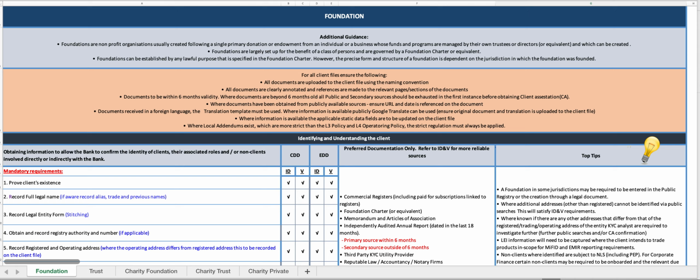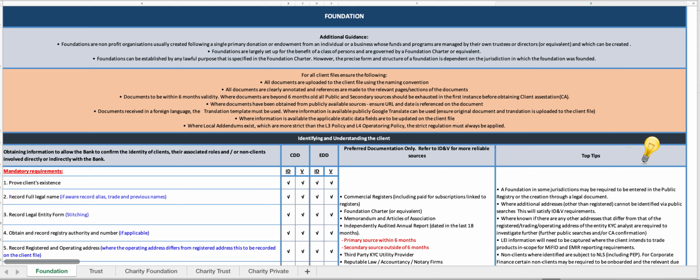Foundations are largely set up for the benefit of a class or person and are governed by a foundation charter or equivalent. Also, a foundation can be established for a lawful purpose that is specified in the foundation charter. However, the precise form and structure of a foundation is dependent on the jurisdiction in which the foundation was founded.